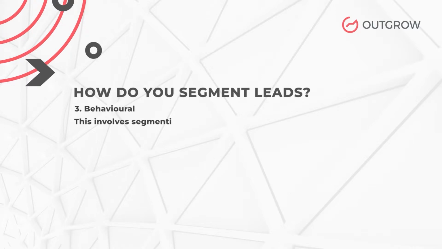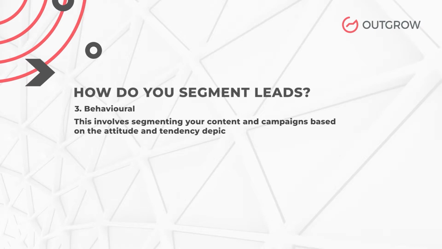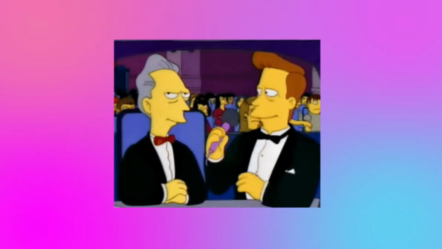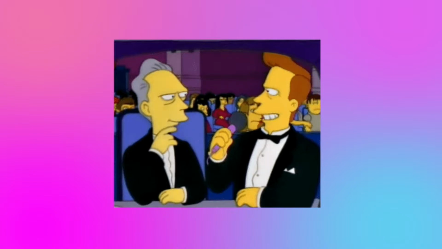This involves segmenting your content and campaigns based on the attitude and tendency depicted by your prospective customers or leads. You can put this segmentation strategy into action through Outgrow's interactive content. Within your choice of content, from a quiz, blog, calculator, you can present different questions.